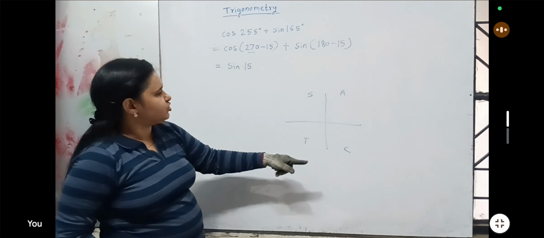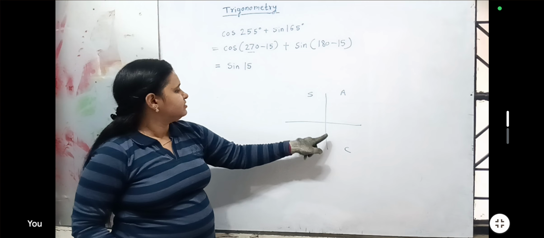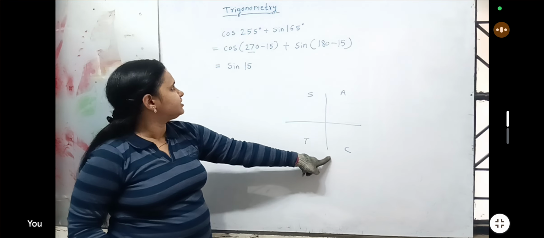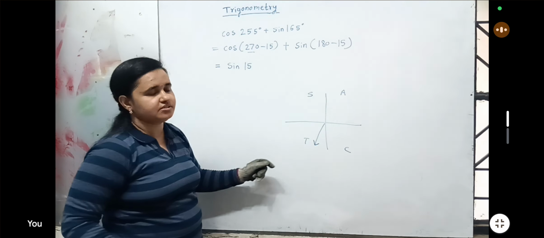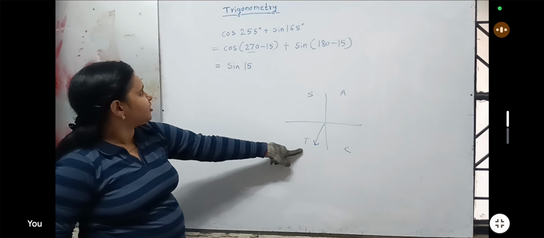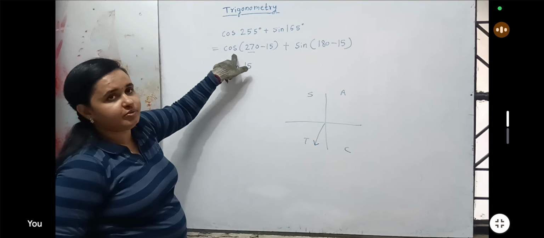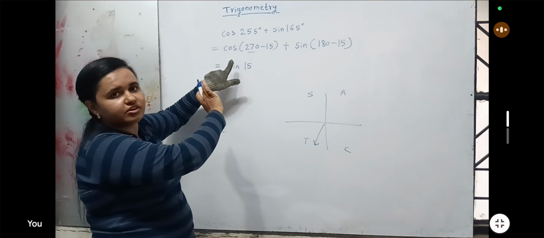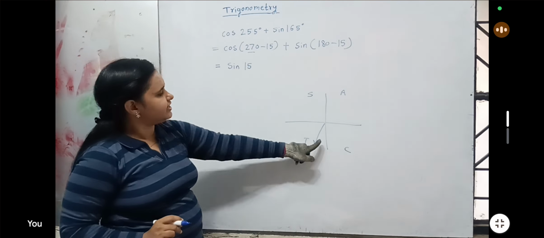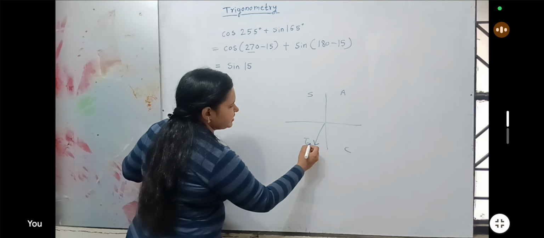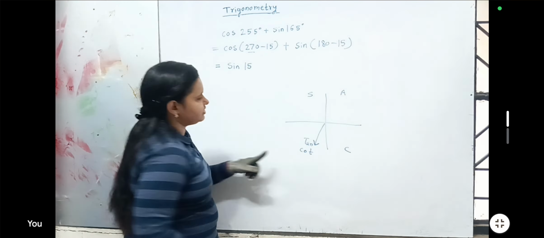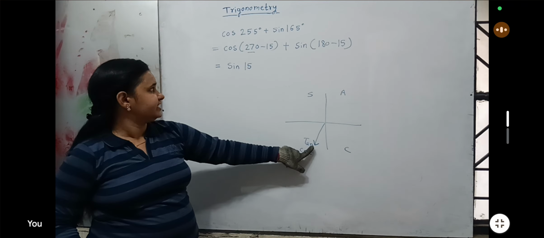So 270 minus 15 means this is coming in the third quadrant. So what will be the sign of cos? In the third quadrant, cos is negative, because here it is tan and cot that are positive.